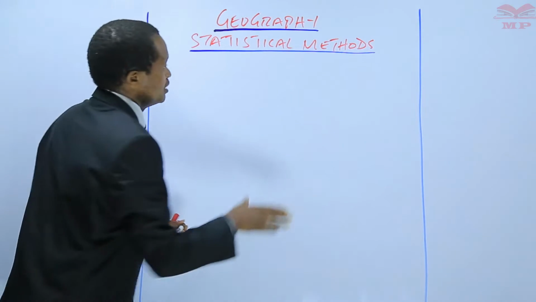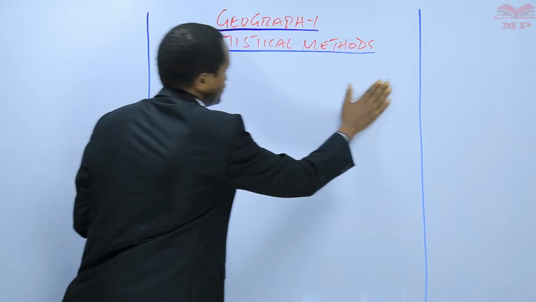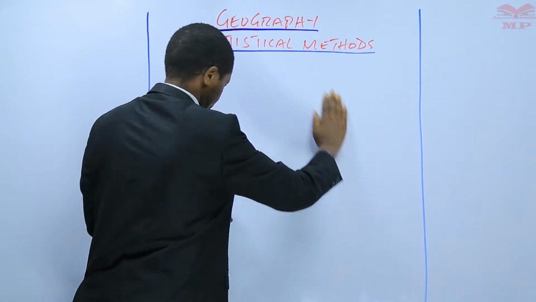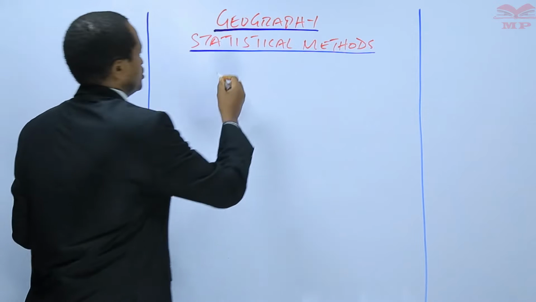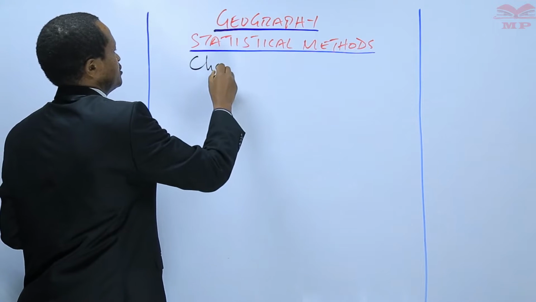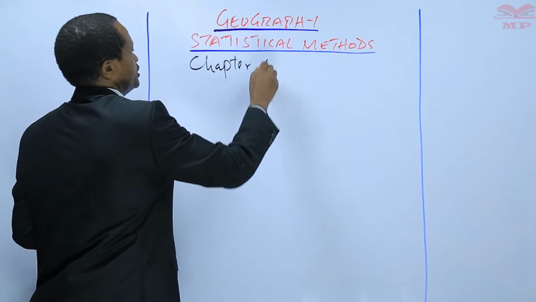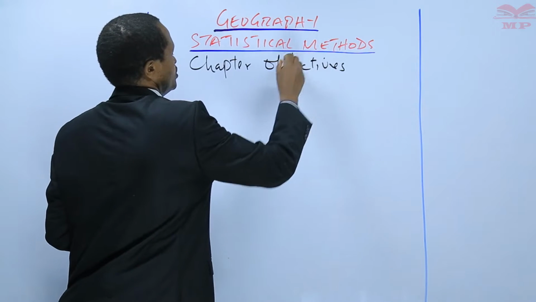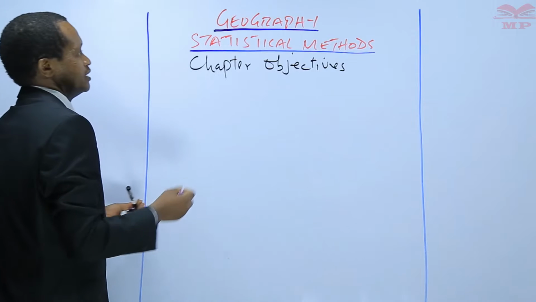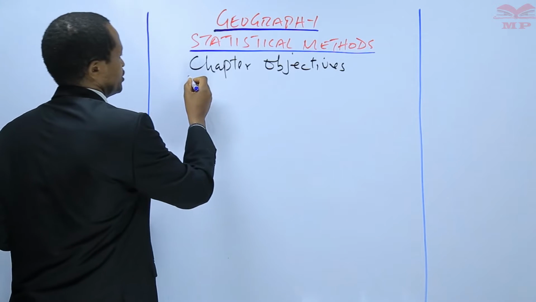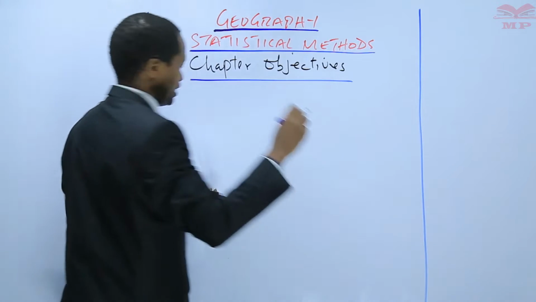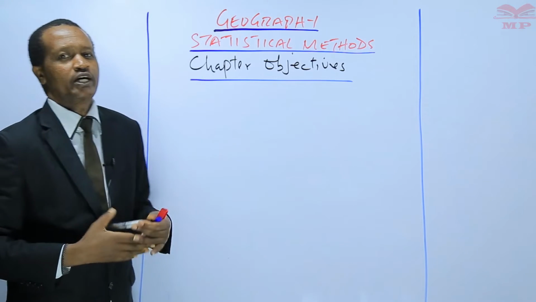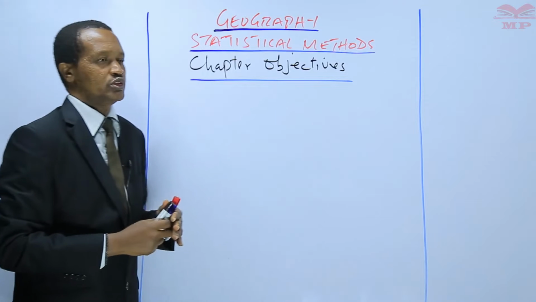And if you are learning, we have objectives for having this chapter, all right? What I'm going to call chapter objectives. We want to lay out the objectives before we get into studying or defining statistical methods, learners. By the end of this chapter, you are expected to do the following.